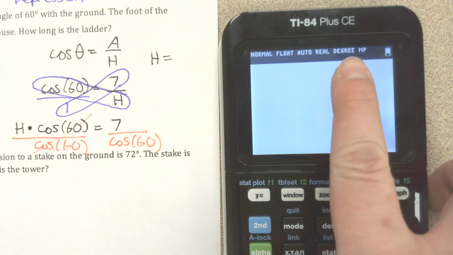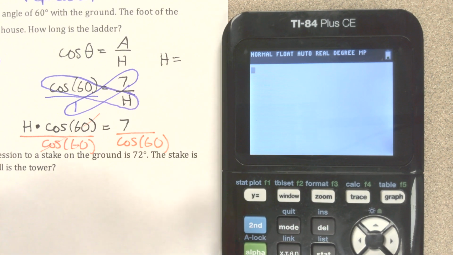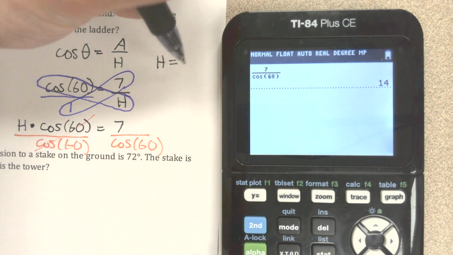Reminder, make sure your calculator is in degrees, it should be. 7 over cosine of 60. And it comes out to be just a nice 14. No need to round anything.